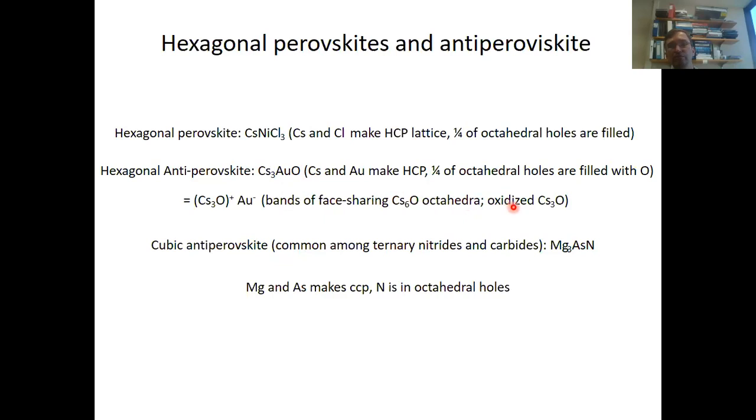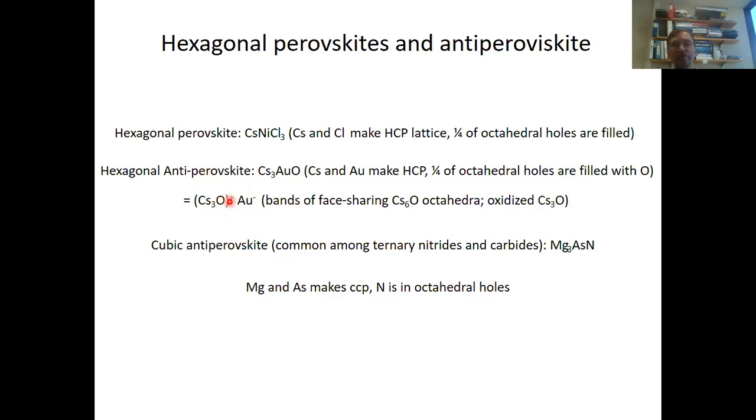That could be conceived as a cesium suboxide, Cs3O, and in particular an oxidized version of it, Cs3O+, whereby now the gold ions act as the counter ions of the Cs3O+ substructure.